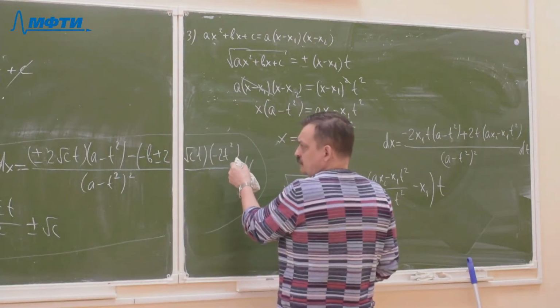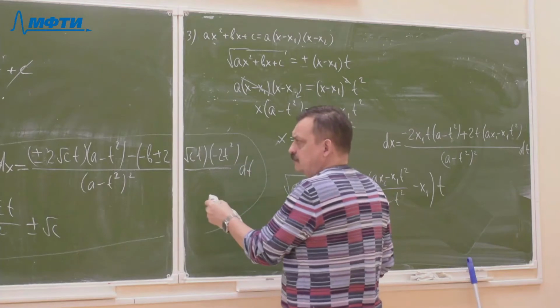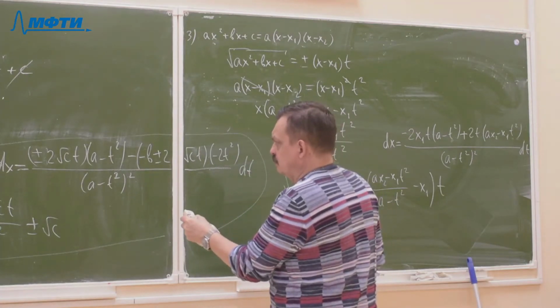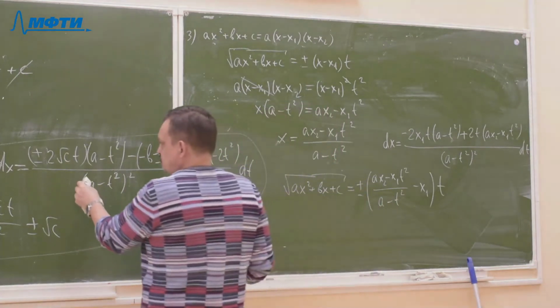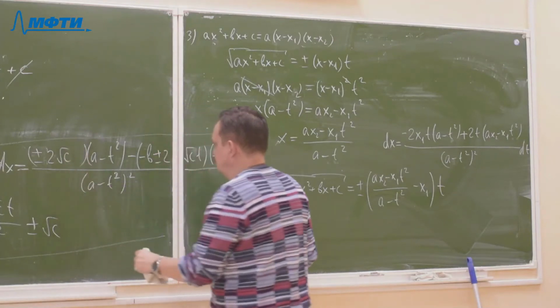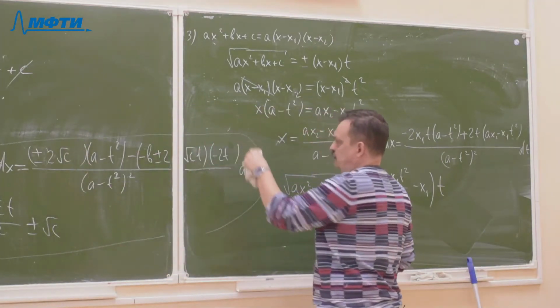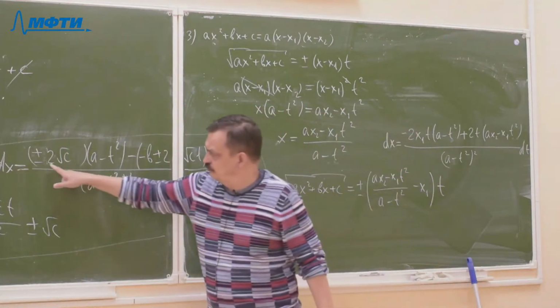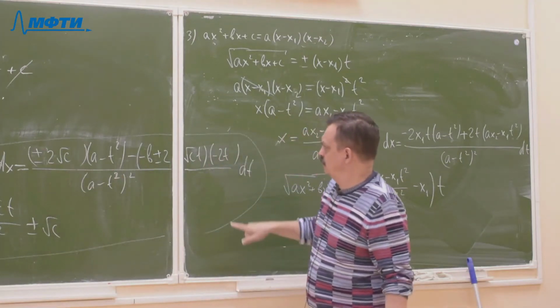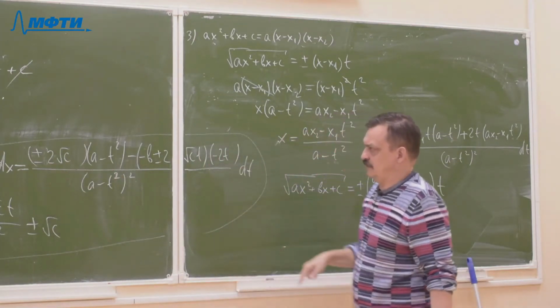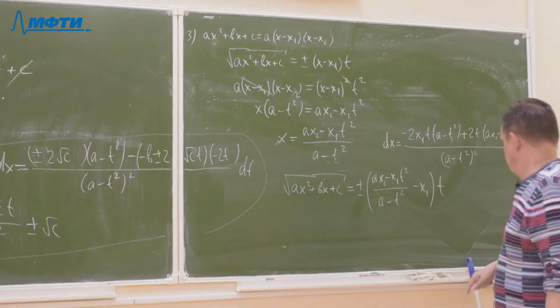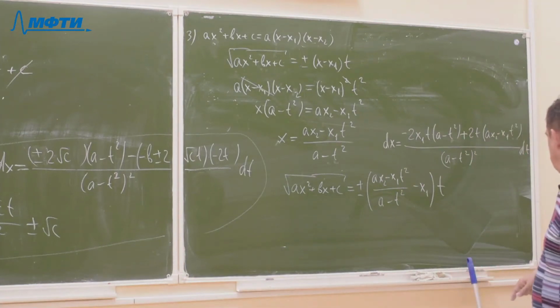Right. Just a minute. And also here I made a mistake. Oh, so many mistakes. Here and there, right? Derivative of numerator, that one. Derivative of denominator is that one. Okay.